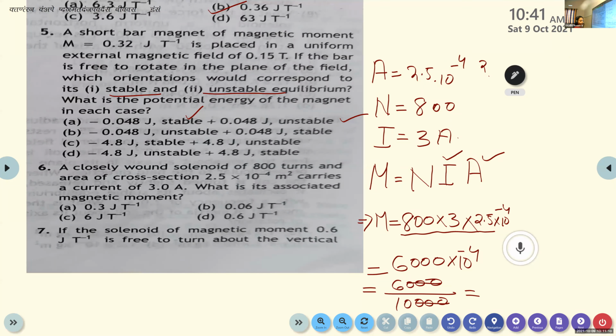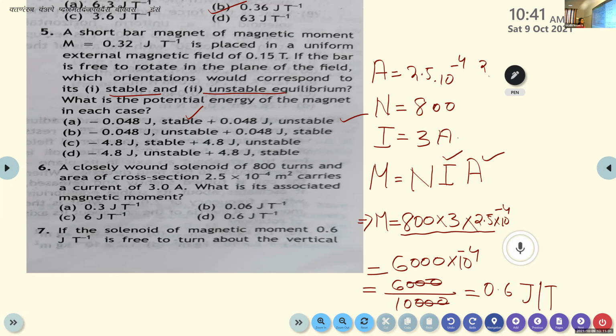So it is equal to 6 by 10, which is equal to 0.6. 0.6 joules per Tesla. This is the SI unit of magnetic moment. So which is the right answer?